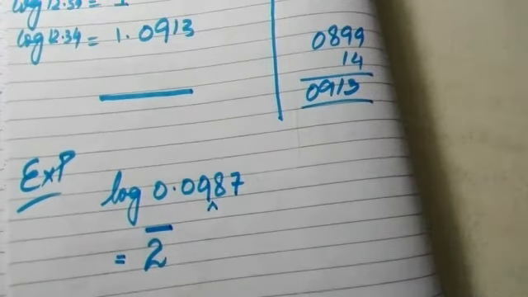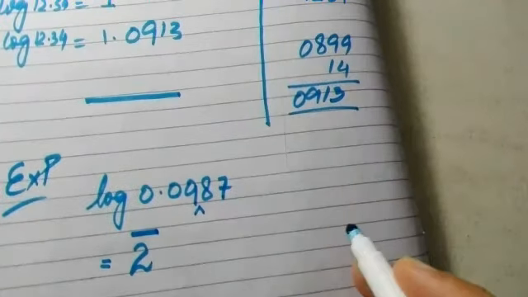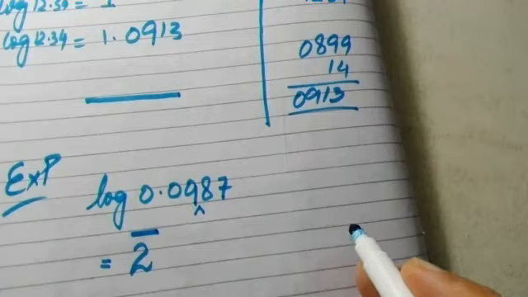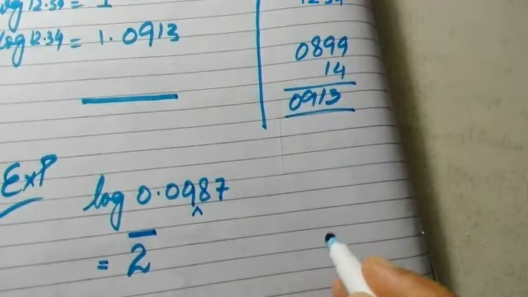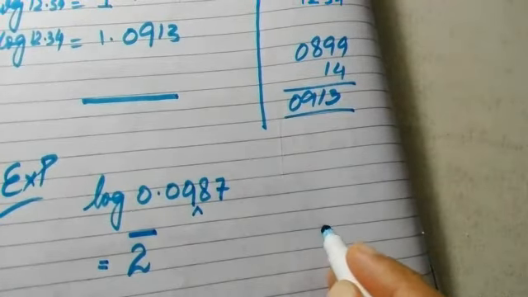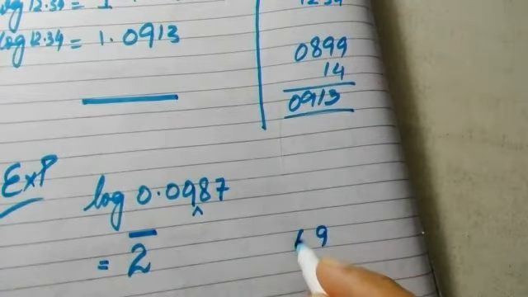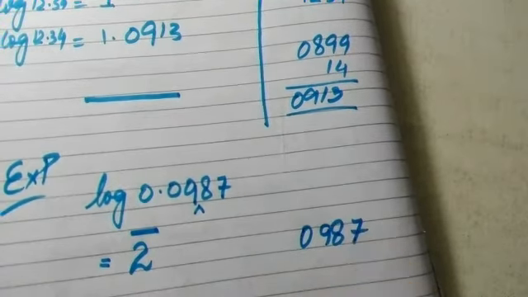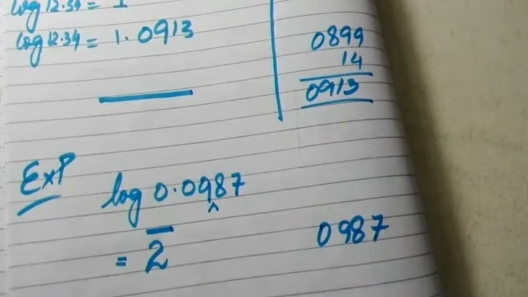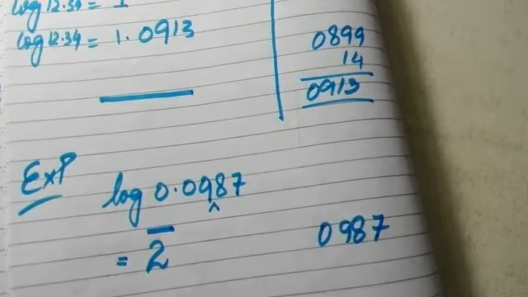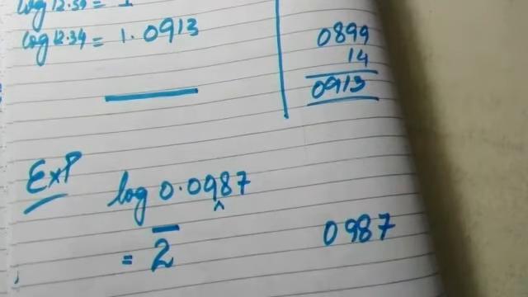Now, for finding the mantissa, you have to write the number at a separate place, like 0.00987.